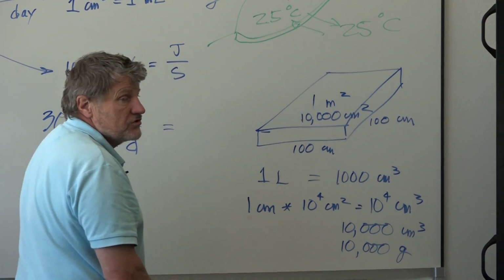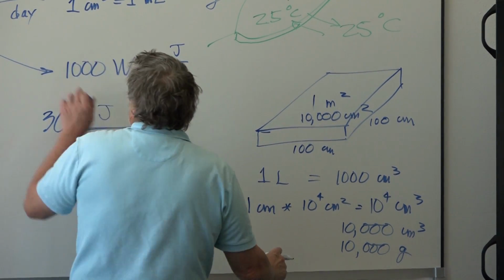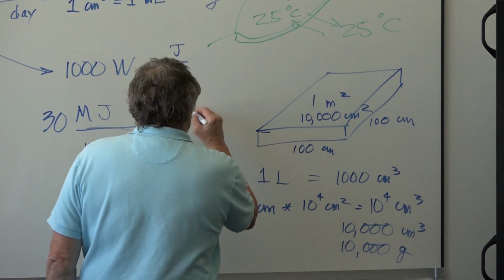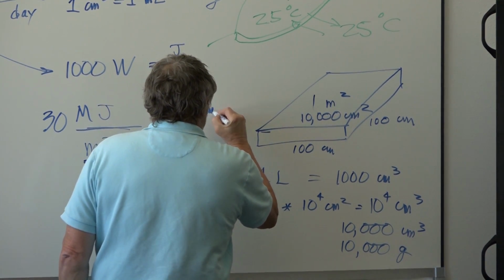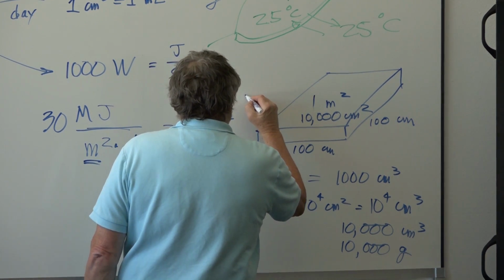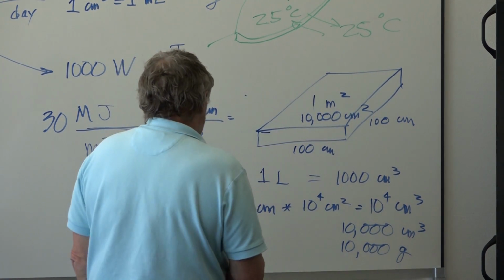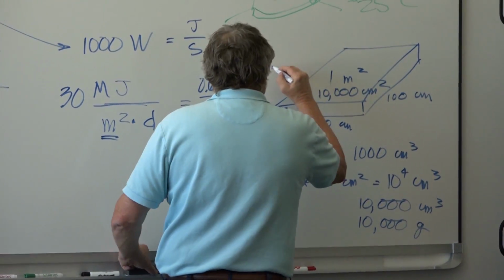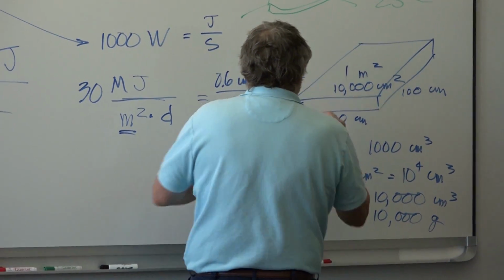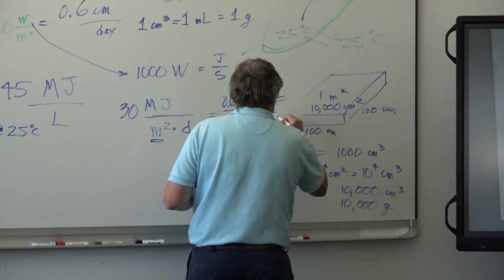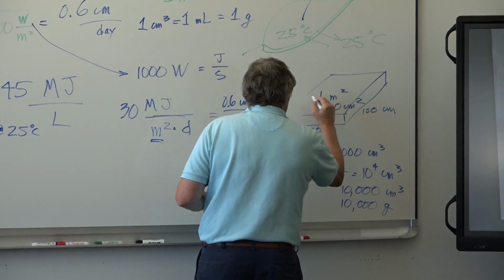when we do this evaporation, and 0.6 centimeters per day is 6 liters. I'm going to have to erase part of my liter per meter squared per day.